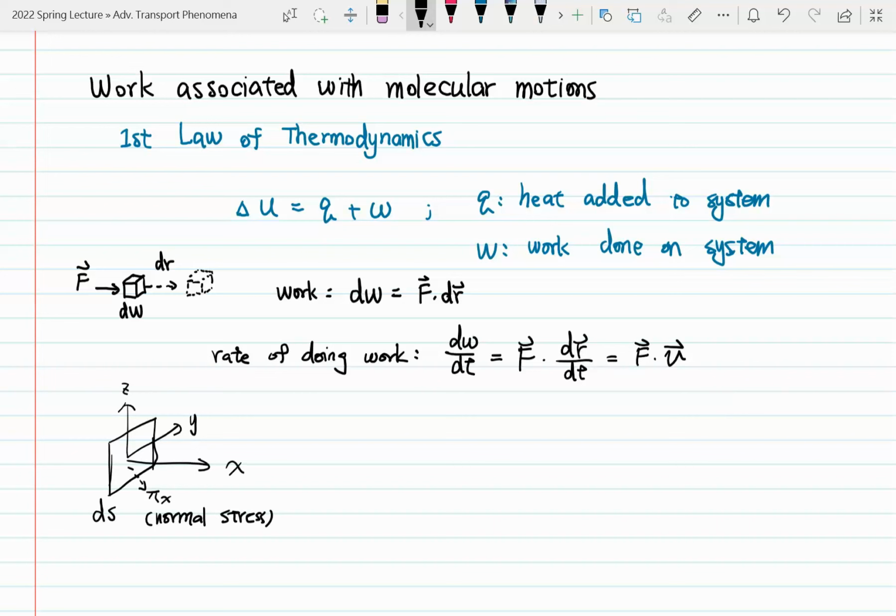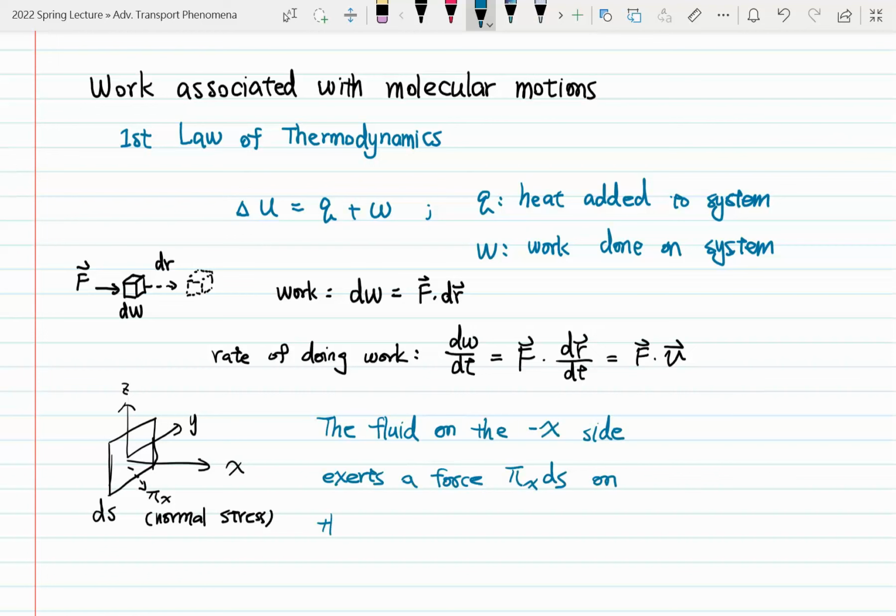Okay, so basically what that means is that the fluid on the negative x side exerts a force, which is pi x dS, on the fluid in the plus side.